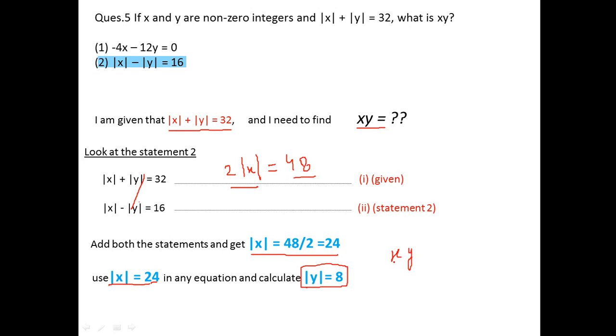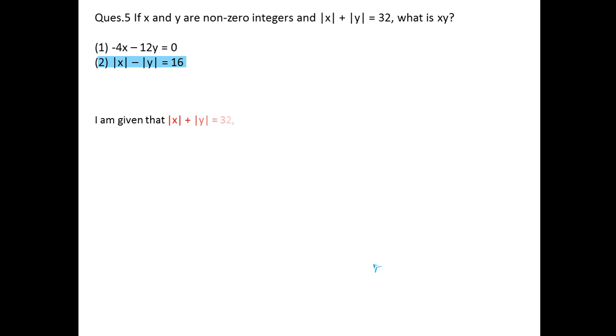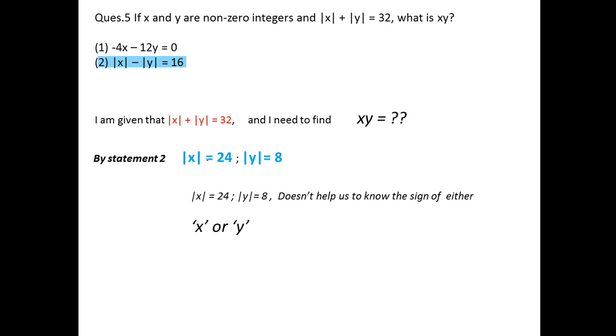So clearly I do not know the signs of x and y. x can be equal to plus 24 or minus 24, and y can be equal to plus 8 or minus 8, right?